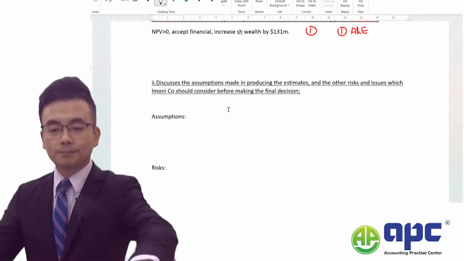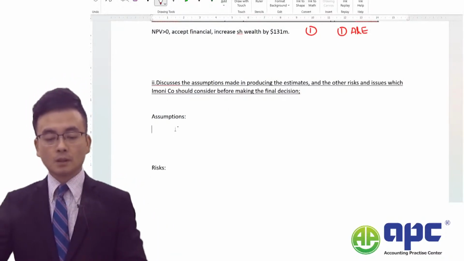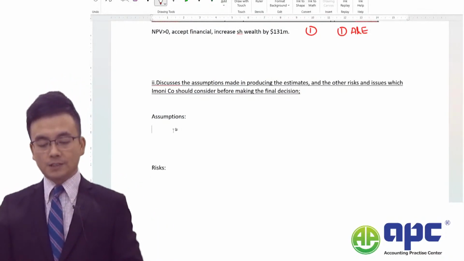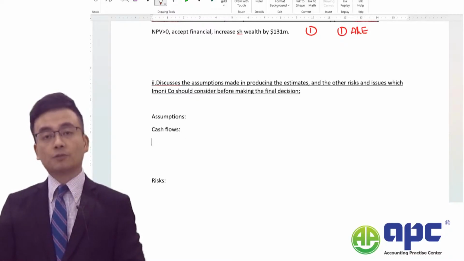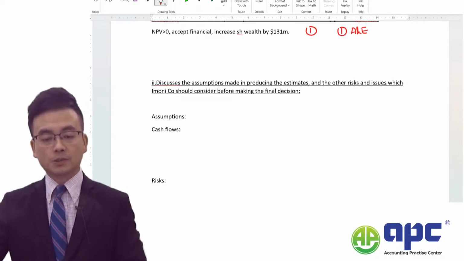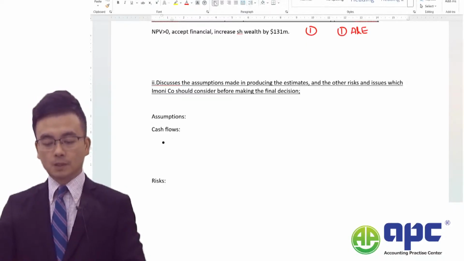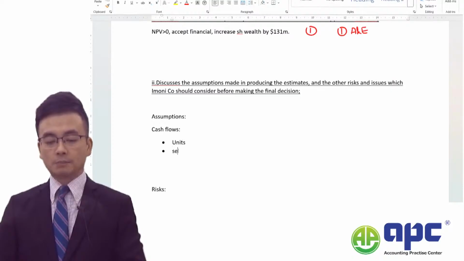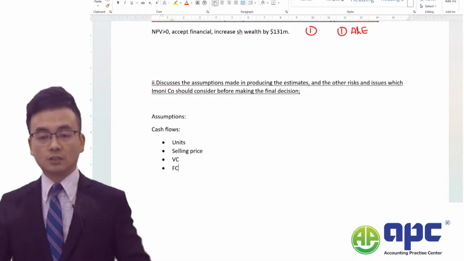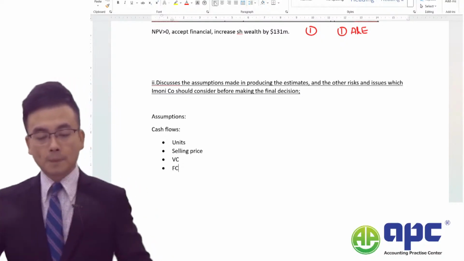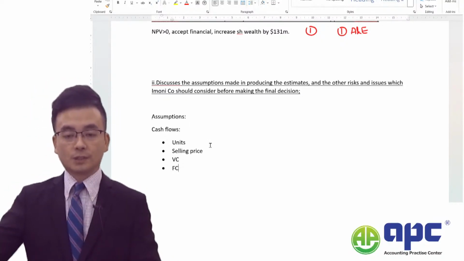All right. Now, it's the assumptions firstly related to cash flows, that you can say there'll be lots of changes or lots of variables coming in. So, for example, the number of units, selling price, the variable costs, and even the fixed cost changes. Okay. So all of these are the assumptions that you've made.